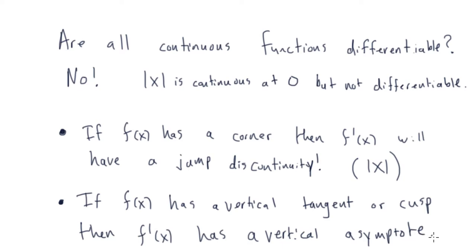And why is that? Because remember that a vertical tangent or a cusp had the slope of the function going either to plus or minus infinity in one direction. But that means that the derivative function is getting bigger and bigger, or further away from 0, I should say. Whether it's positive or negative doesn't matter. So f prime of x is going to have a vertical asymptote. So these are just some facts to keep in the back of your mind, and they'll come up as we look at the examples.